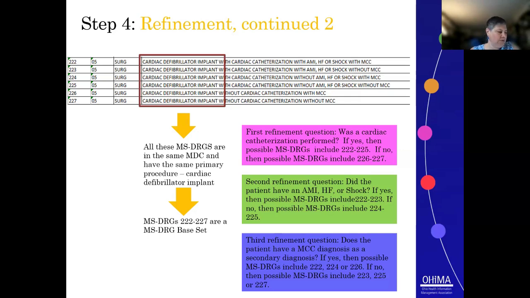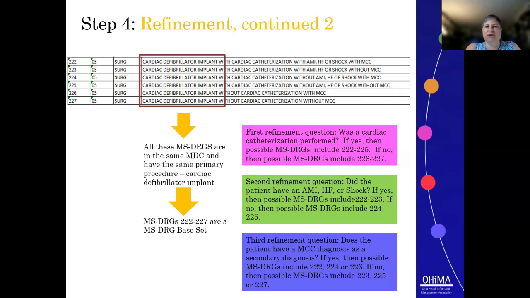So for our first refinement question, was there a cardiac cath? When we look at this base group of MS-DRGs 222 through 227, all of them had a cardiac defibrillator implant, right? So our first question is, was there a cardiac cath?